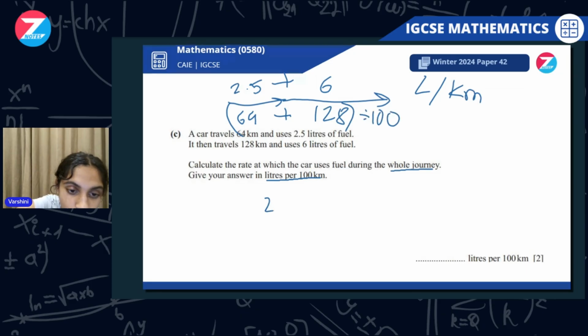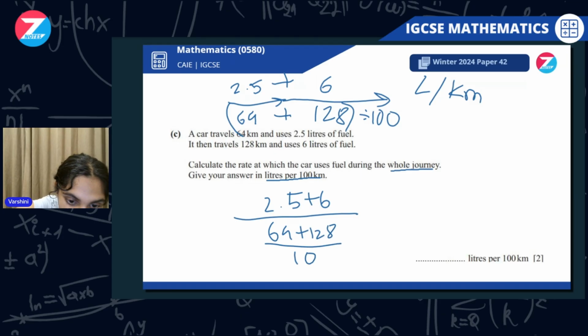That's going to be 2.5 plus 6 divided by 64 plus 128 by 100. And remember, again, when you're putting it in your calculator, do not forget the brackets, the most important part. Plus 6 divided by 64 plus 128 by 100.